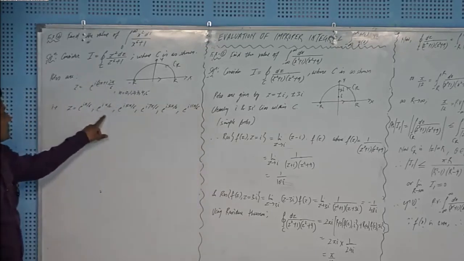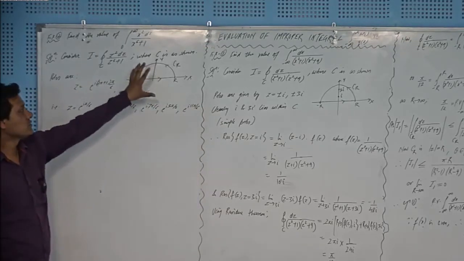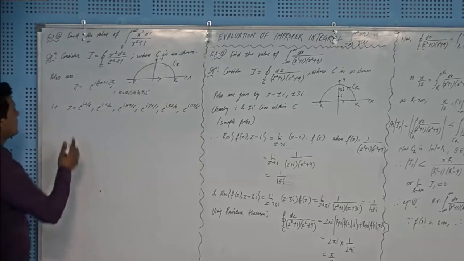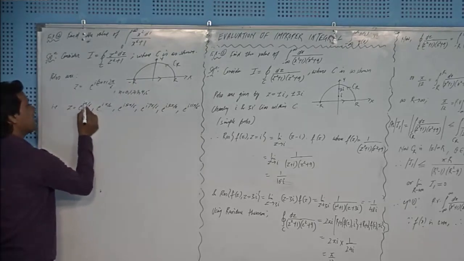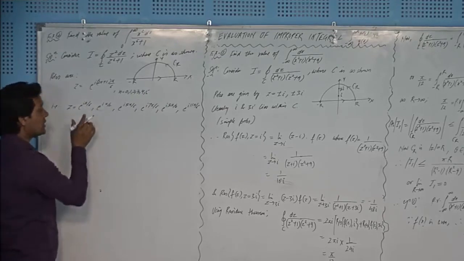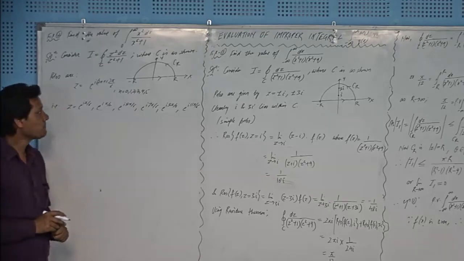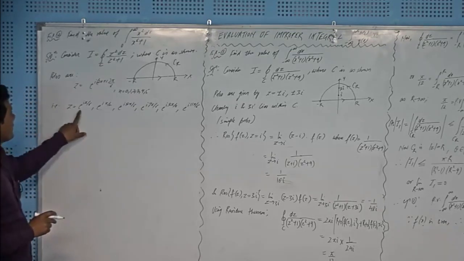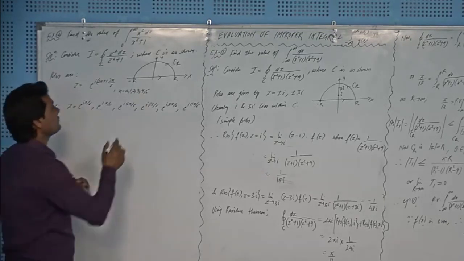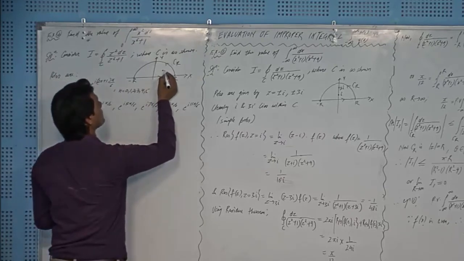And if you plot all of these poles in this semicircle, e to the power i pi by 6, this angle indicates that it is a 30-degree angle, and its modulus is equal to 1. It indicates that this point belongs to the circumference of the unit circle at an angle of 30 degrees. So it will be somewhere here, this z1.